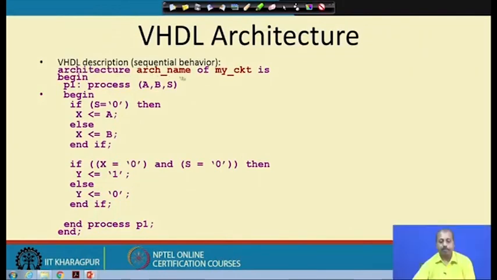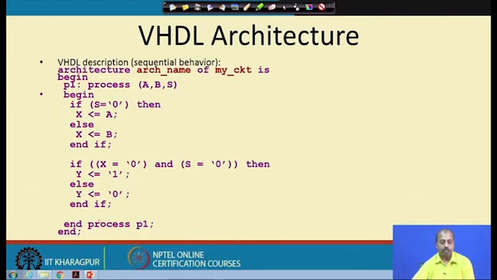So, here we have the architecture arc name of my circuit is, and then begin. These are all keywords: architecture, of, is, begin. Whenever you are trying to define something sequential, you have to take help of the process block. So P1 is a process. Now, begin, if s equal to 0, then x equal to A, else x equal to B, and if x equal to 0 and s equal to 0, then y equal to 1, else y equal to 0, end if, then end process P1.